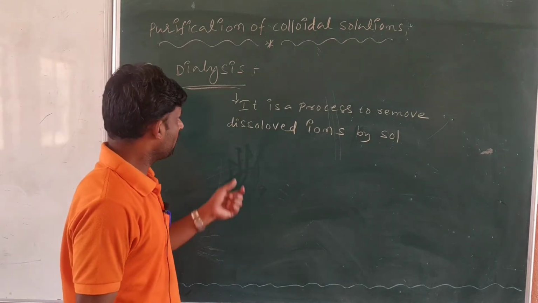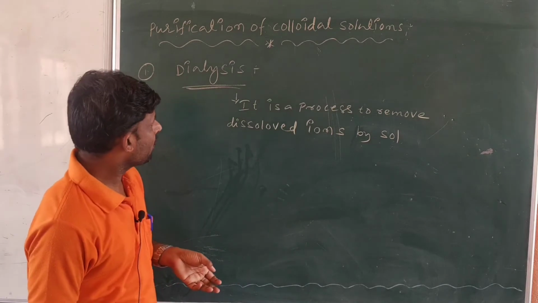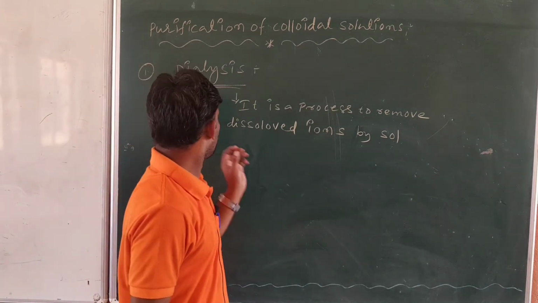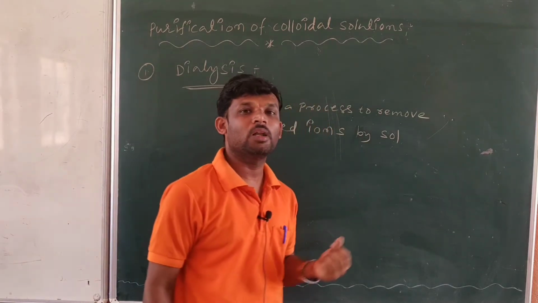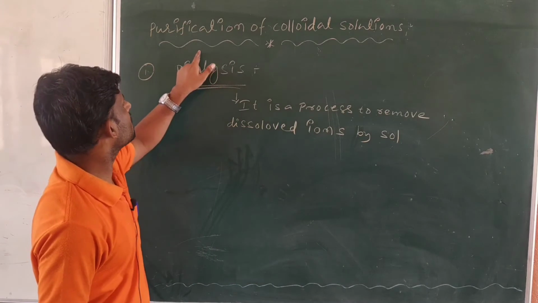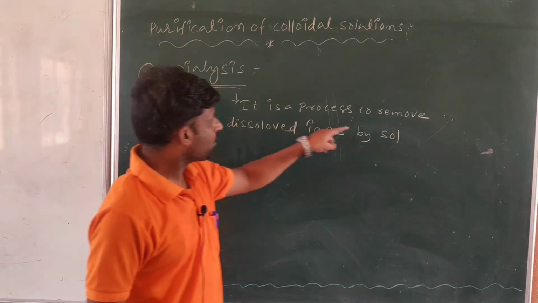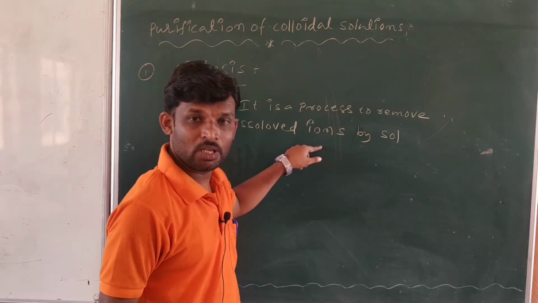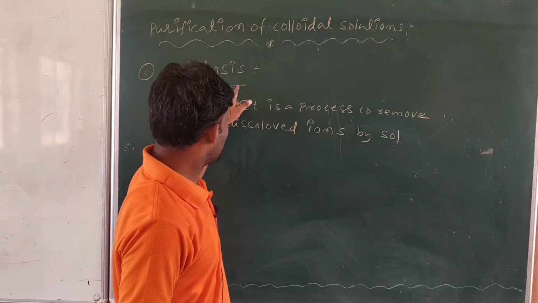These ions are generally the impurities in a colloidal solution, and they are removed by the dialysis process. Here diffusion takes place.